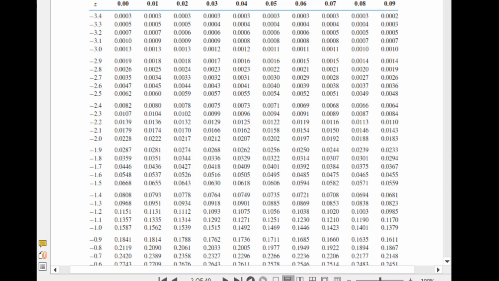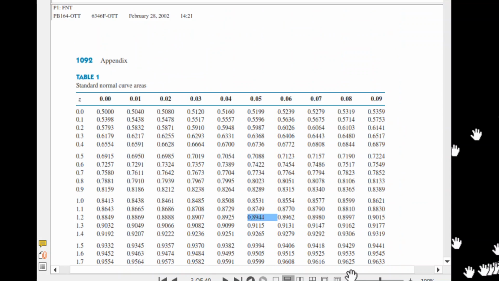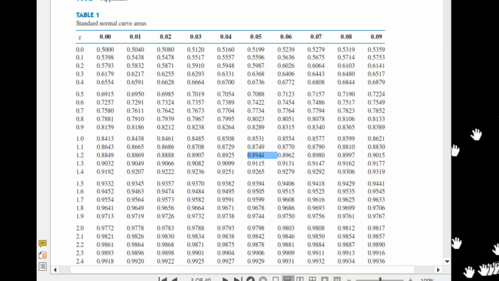I'll put it in our file. Next, Z2 is positive 0.75. Let's go down to the positive values. 0.75 is in here, and it is 0.7734.